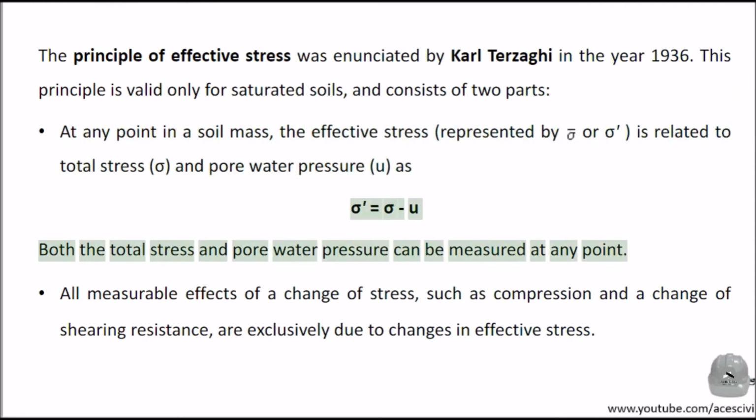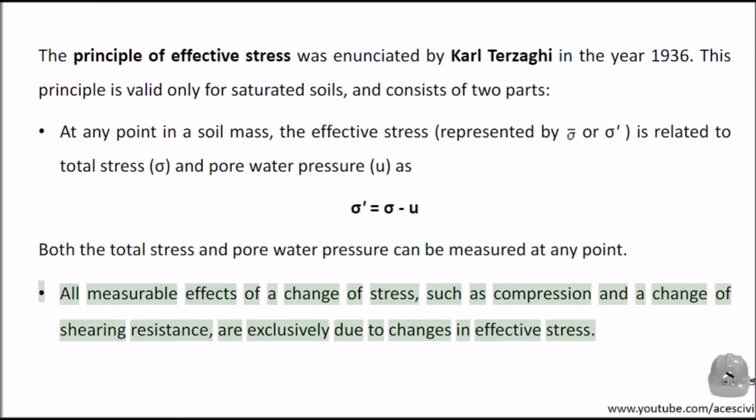Both the total stress and pore water pressure can be measured at any point. All measurable effects of a change of stress, such as compression and a change of shearing resistance, are exclusively due to changes in effective stress.